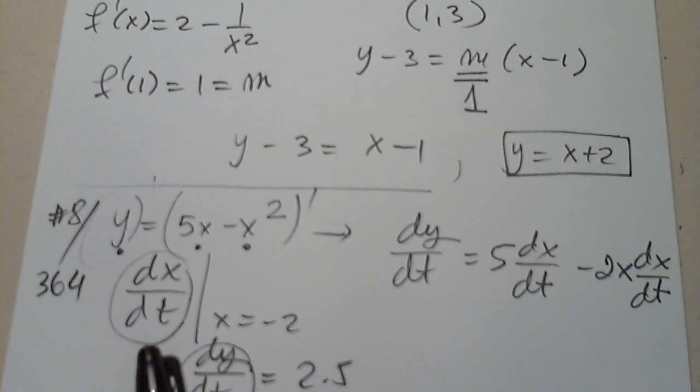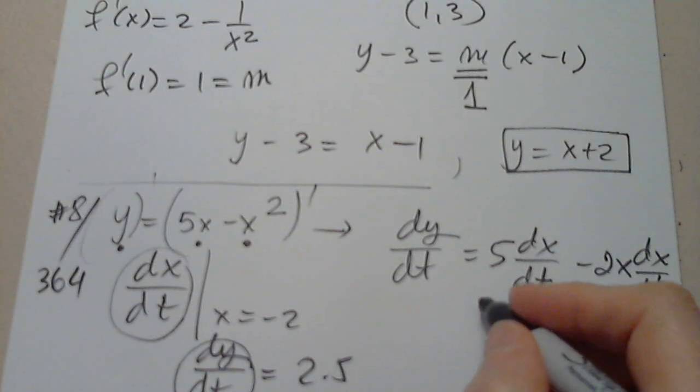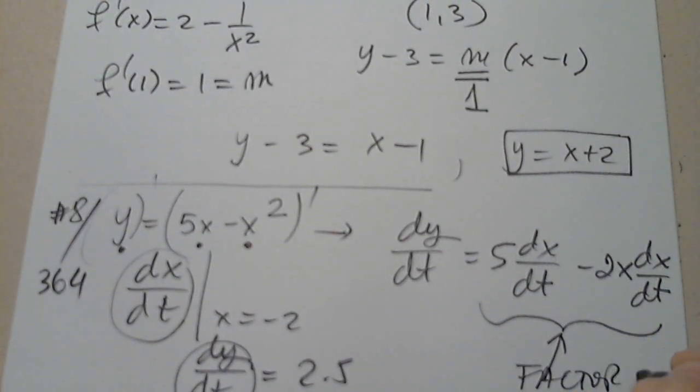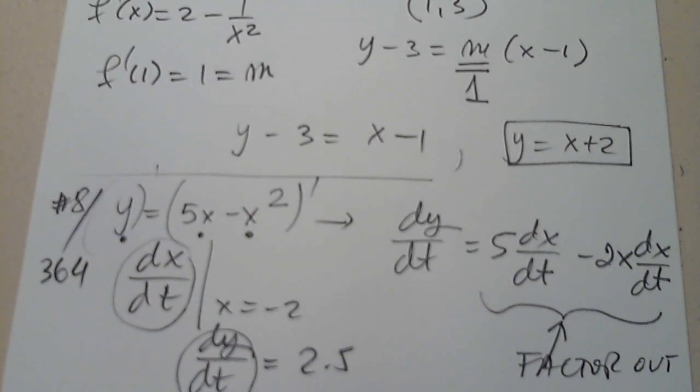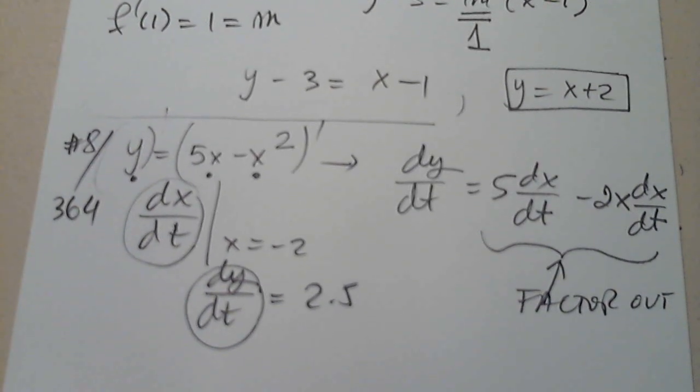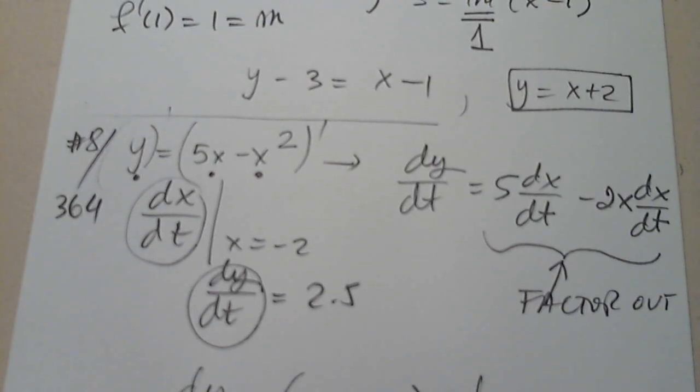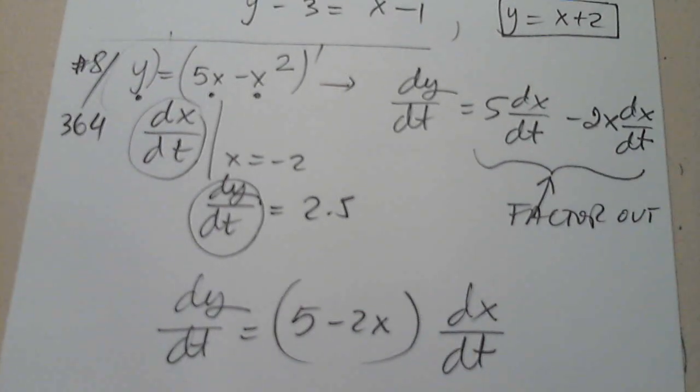I'm asked to find dx over dt, but I cannot combine these, so I must factor out, because they are not like terms. So the left-hand side is dy over dt, but the right-hand side is 5 minus 2x times dx over dt, because 5 times the derivative minus 2x times the derivative are not like terms.